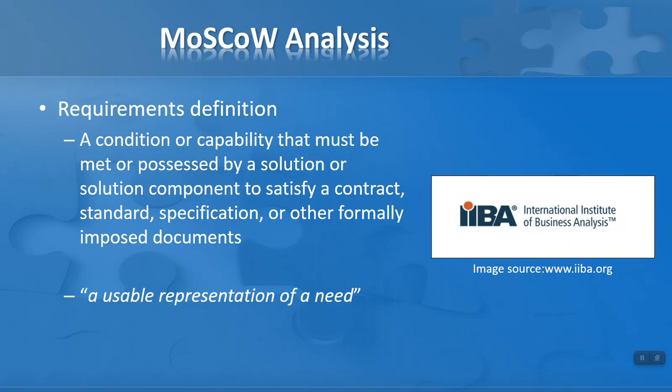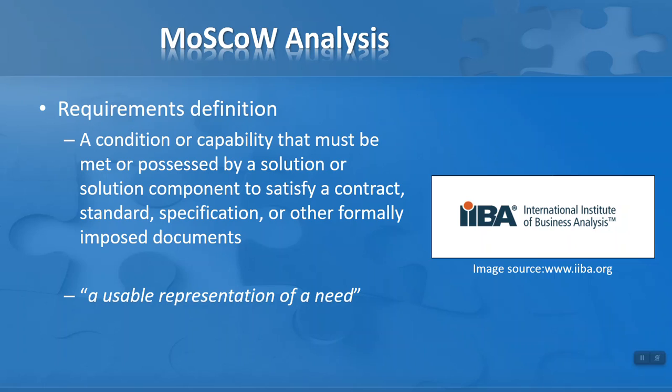So in other words, we have gathered a requirement from, say, a stakeholder on a project, and we want to be able to document that requirement, and we have to decide then, when we have all our requirements gathered, which ones are we going to implement and which ones are we not going to implement or perhaps implement later. So requirement, as it says in the IIBA documentation, is a usable representation of a need.